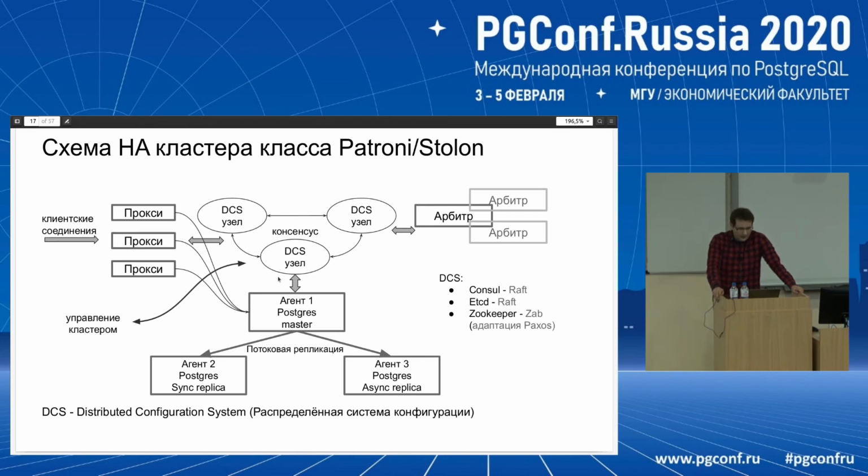All the managing of the cluster is done by a separate tool that can change the configuration of the DCS stored there. Basically we can say that this scheme is the main one to classify the Patroni and Stolon clusters. The agents for PostgreSQL get connected to this configuration and then configure Postgres according to it.